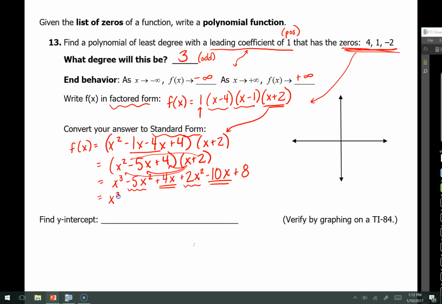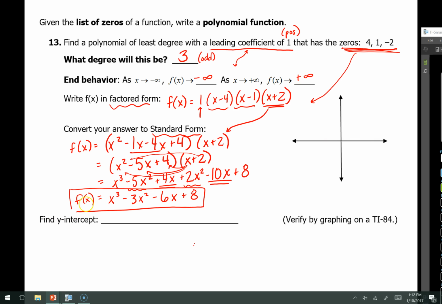We have x to the third minus 3x squared minus 6x plus 8. It looks like that is in standard form. Yep. So this is our standard form polynomial given only the leading coefficient and the zeros. Now let's graph this over on the side.